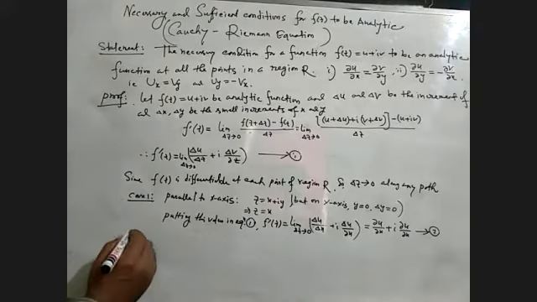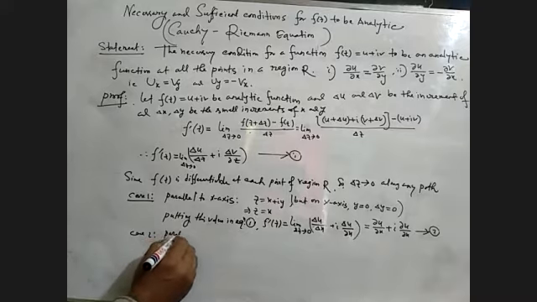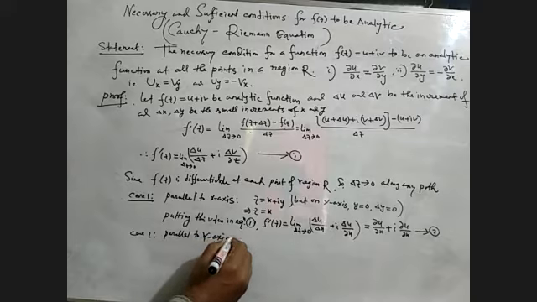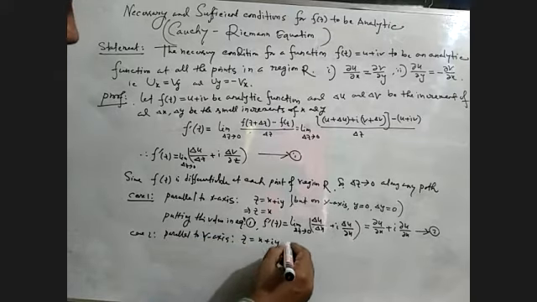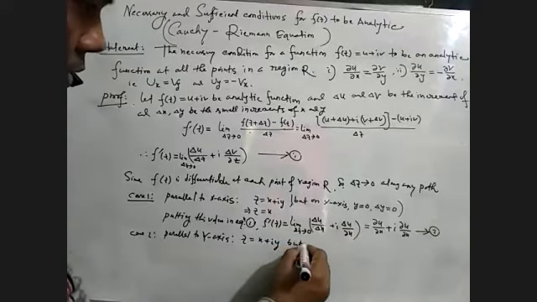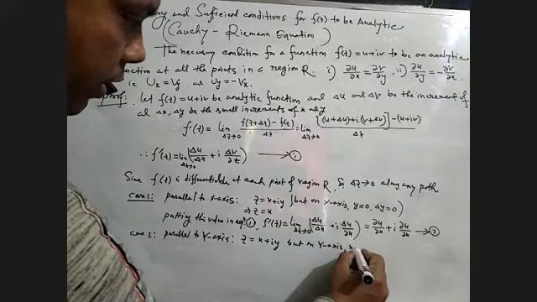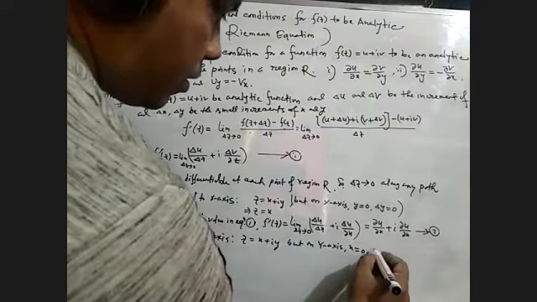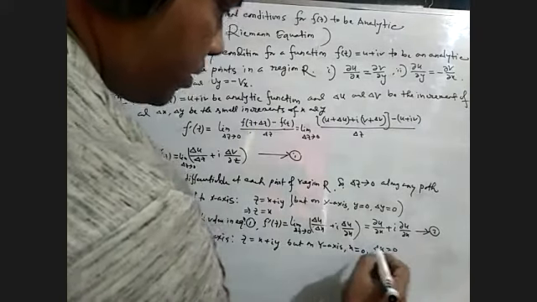Case 2: parallel to the y-axis. For z equals x plus iy, on the y-axis x equals 0. Therefore del x equals 0.